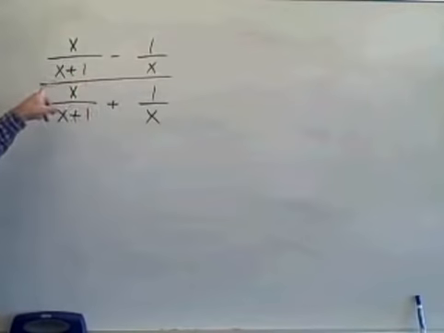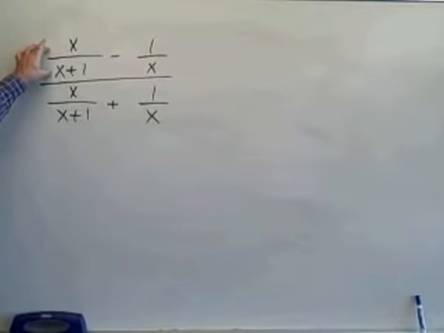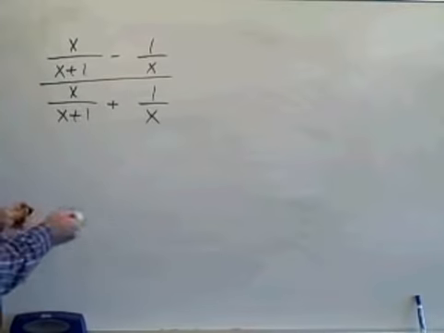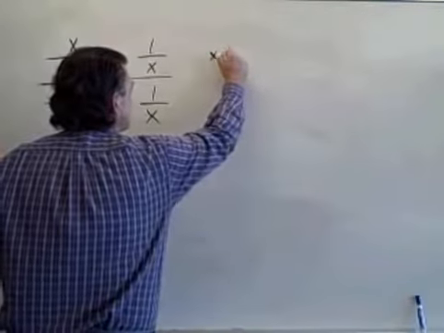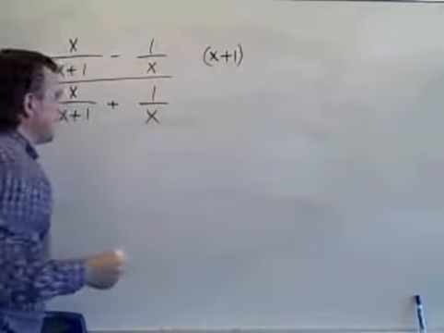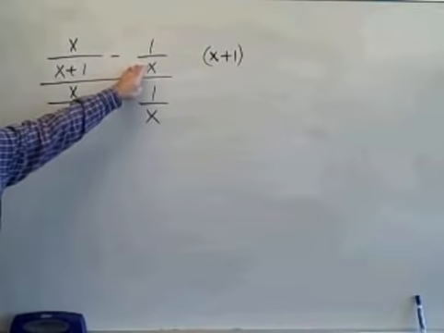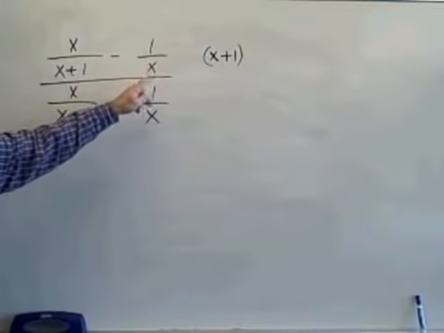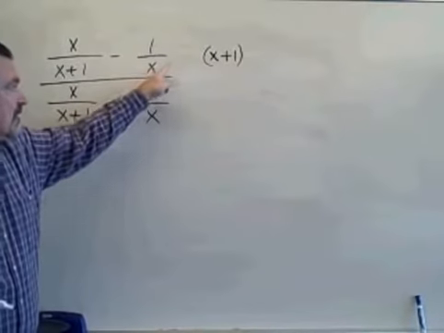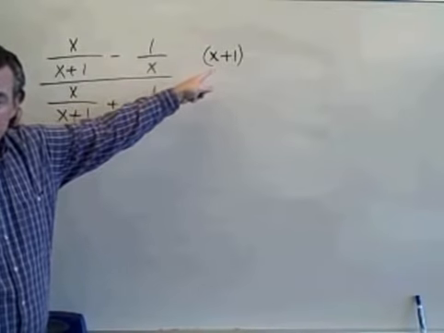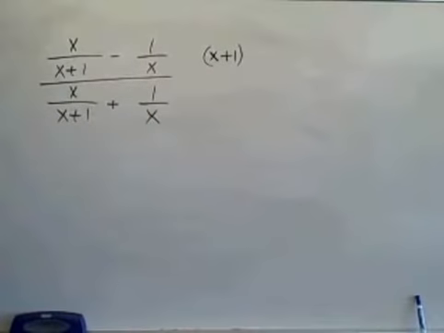The multiplier that I would need to cancel the denominator of this fraction would be x plus 1. But that wouldn't be good enough to cancel the x that's in this denominator, because I can't cancel an x with an x that's tied up with plus 1. Remember, we can't cancel when things are involved in addition and subtraction.